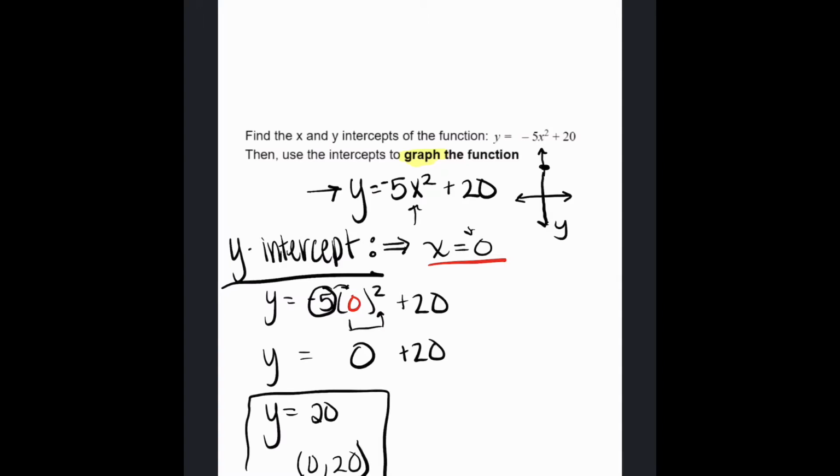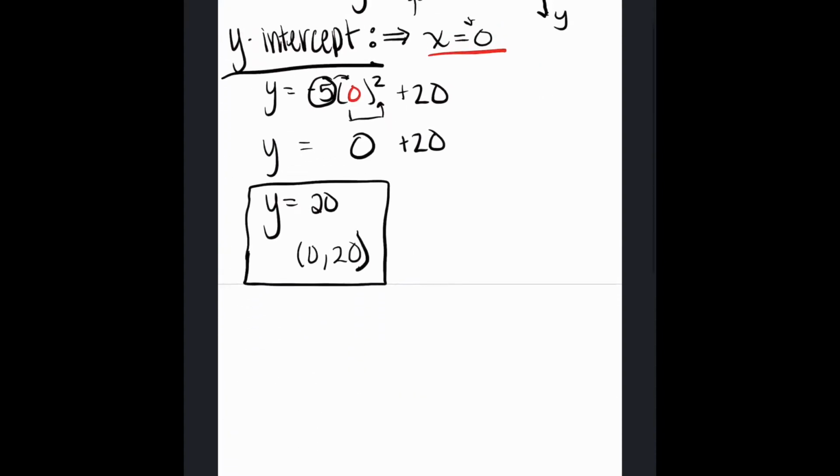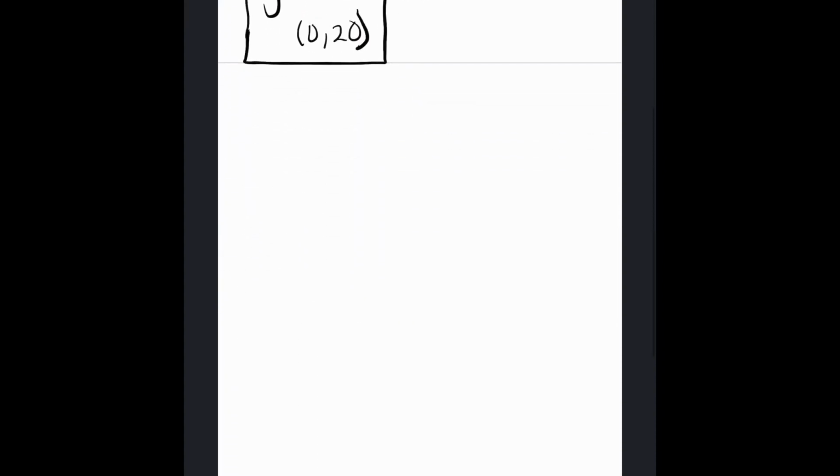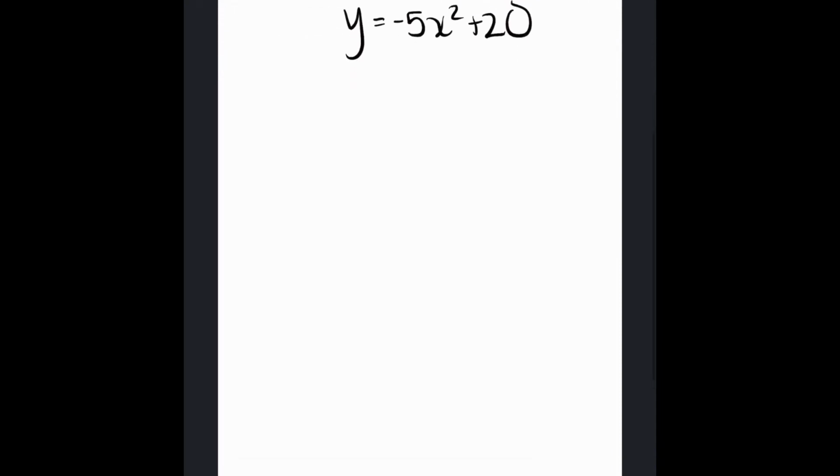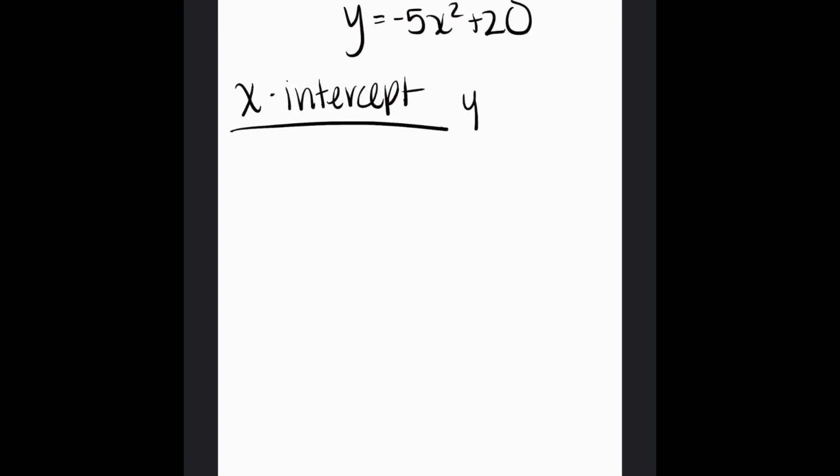And I'm just going to box these off so I can come back for them later. This is my y-intercept. Next, I'm going to get my x-intercept. Let me rewrite the equation: y equals -5x squared plus 20. To get the x-intercept, you're going to set y equal to 0.